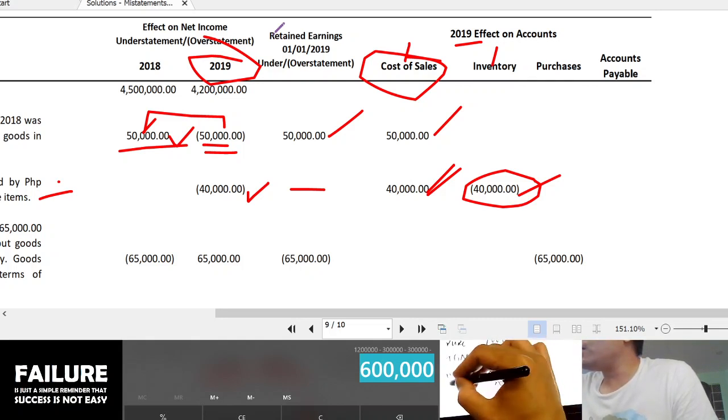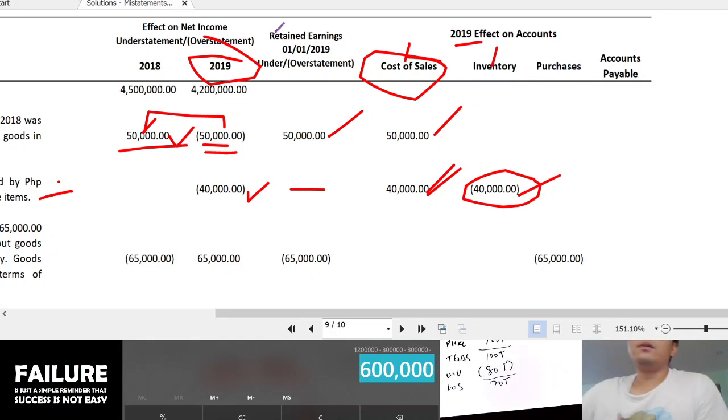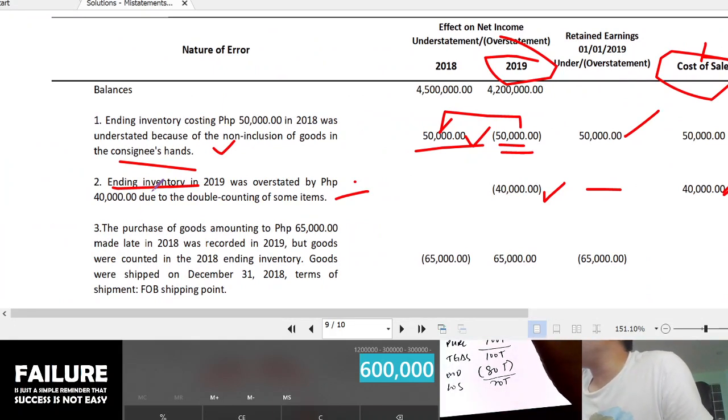Now, yung error daw is that your ending inventory is overstated by 40,000. So, let's say 0, then 100. Ito yung error ha. So, we have 100,000.